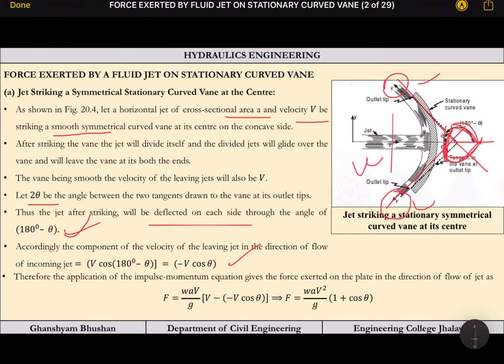Therefore, after application of the impulse momentum equation, you will get this quantity, that is WAV square by g times (1 plus cos theta). Now if theta is 90 degrees, then what is going to happen? This curved plate will become a flat plate, and you will get WAV square by g.